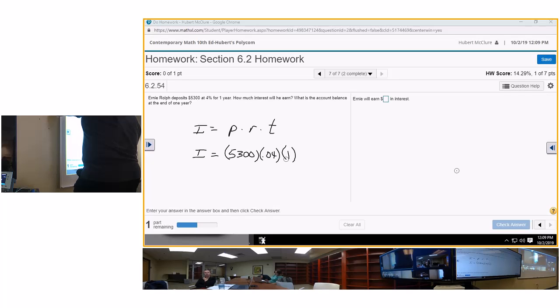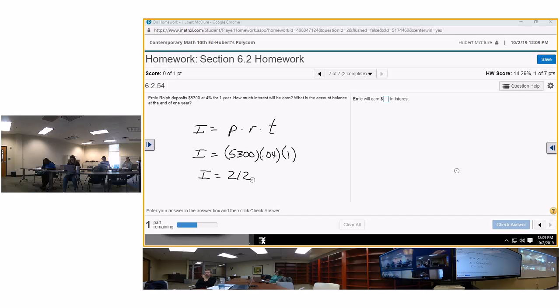Now we know 10% is 530, so that's going to be 53. So that's going to be 212. Somebody check my math. Good job.